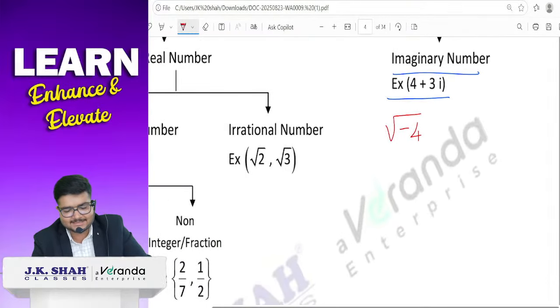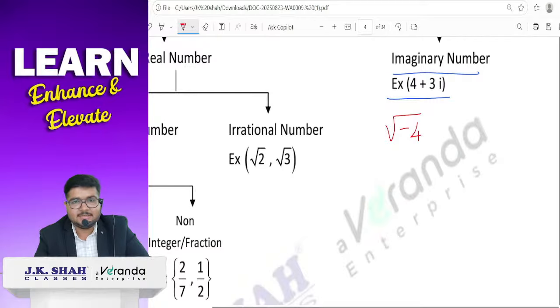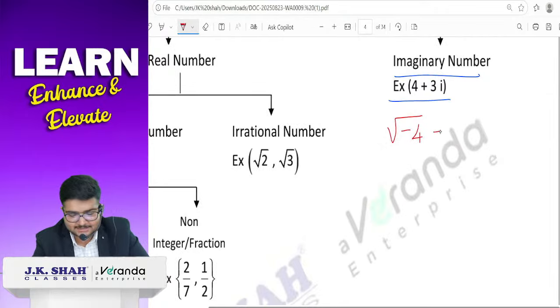Now this is an example of imaginary number. Now why is this an imaginary number? Sir, can you tell me why this number does not exist in real life? So the answer is, first of all, understand what is square root. The square of 2 is 4, right? And that is why root 4's answer is 2, right?